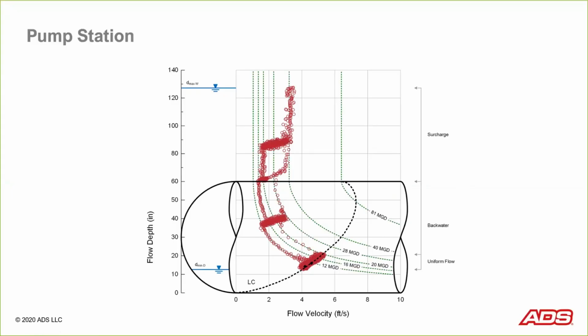And what I did is I went back to the municipality and asked them what the different pumping combination rates were. And I actually plotted those on here in conjunction with the data. And it turns out that this station has five pumps, all with variable frequency drives, and they can operate in combination of one, or pump 1 and 2, 3-pump combination, a 4-pump combination, and all 5.